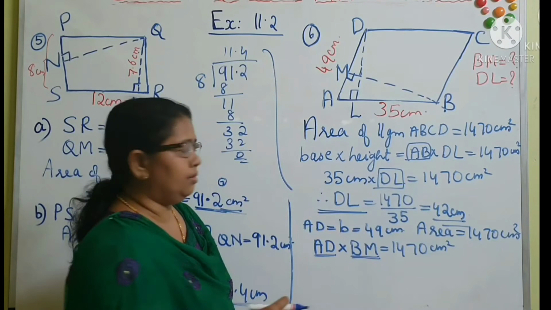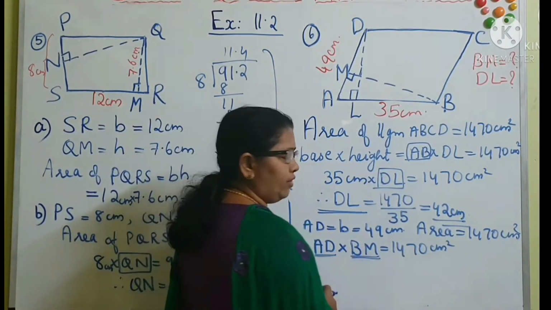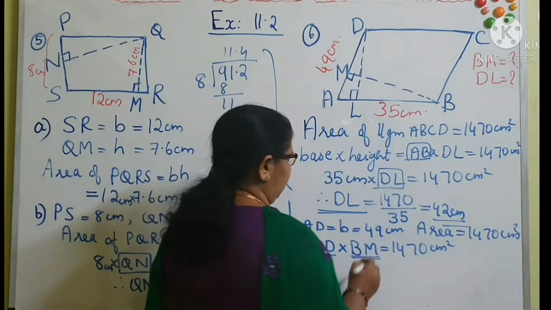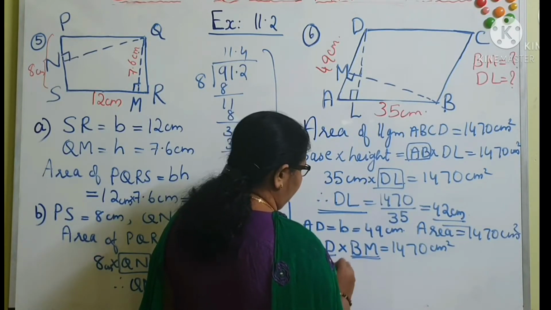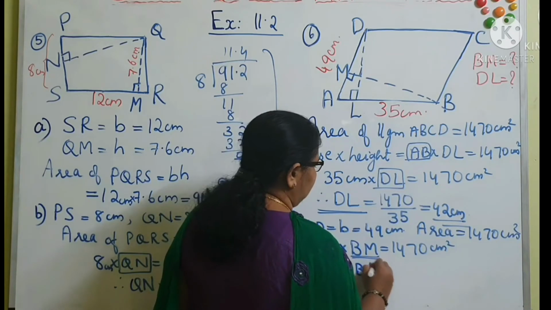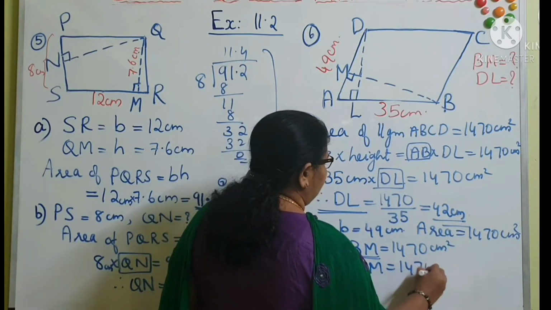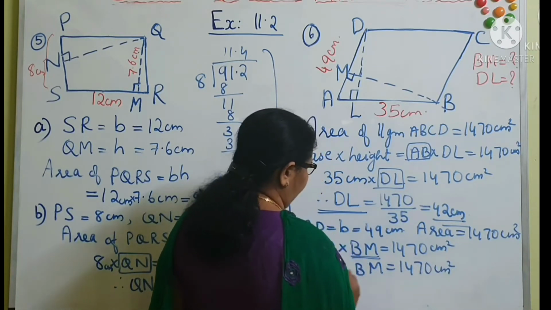But the same parallelogram has the same area. So 1470. Then AD we know as 49 into BM is equal to 1470 centimeter square.